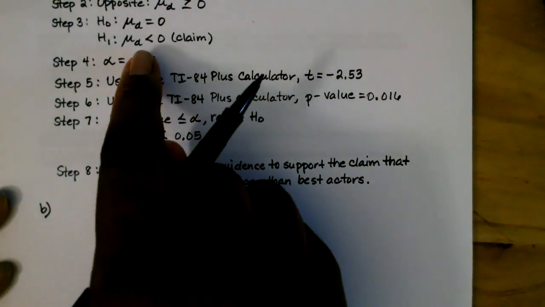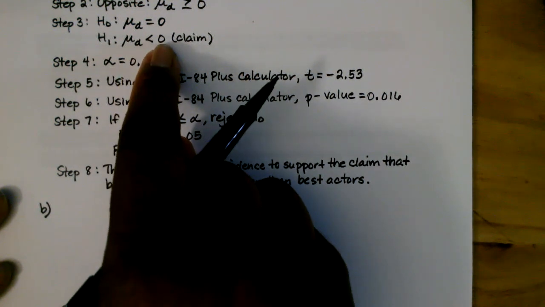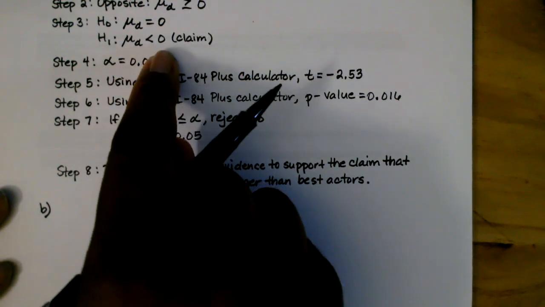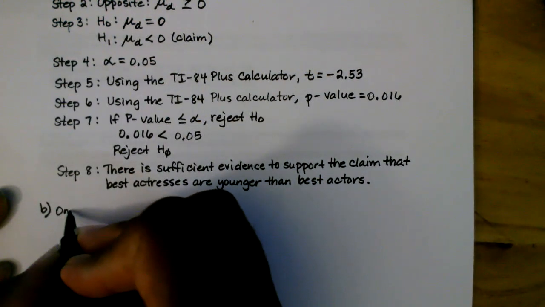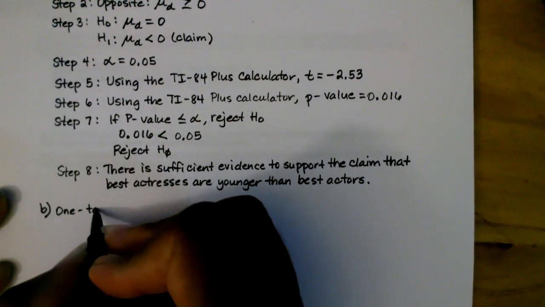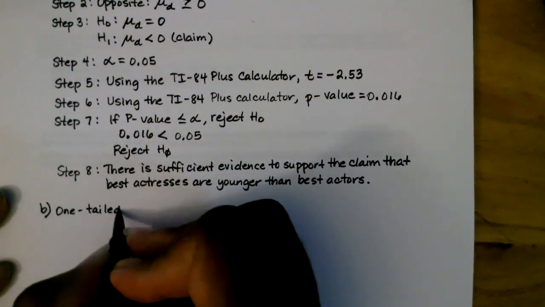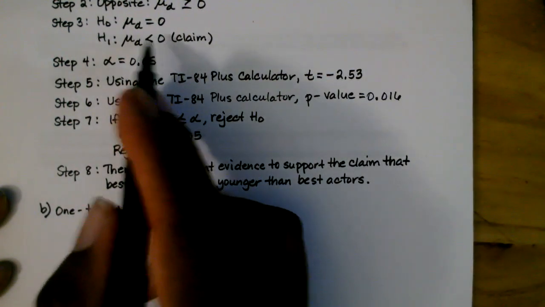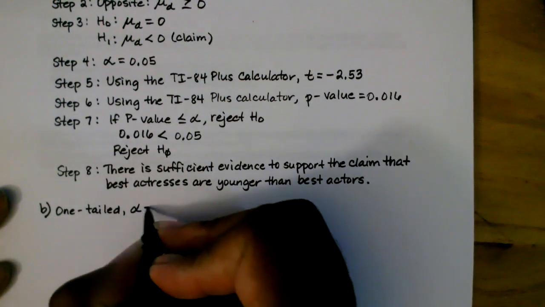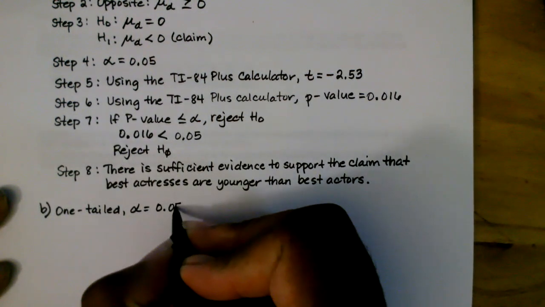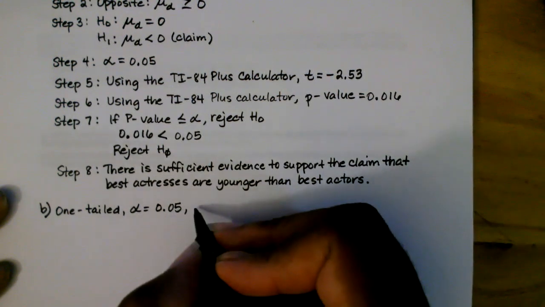All right. If I look at my alternative hypothesis, it does say less than 0. That means I do have a one-tailed test, or to be specific, a left-tailed test, because less than points to the left. And my alpha level is 0.05 as indicated in step 4.